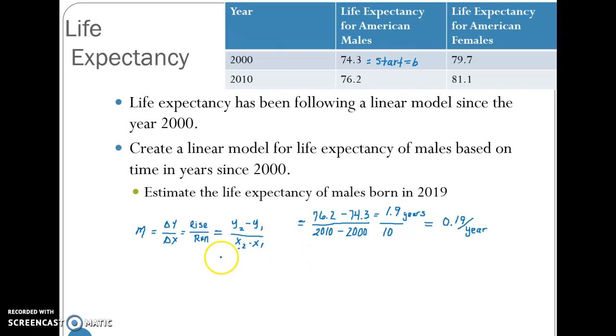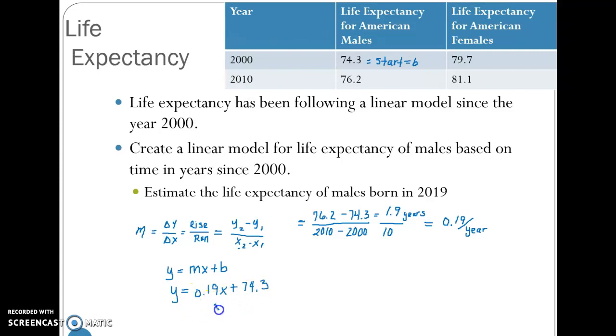So this allows me to write my model. Y equals mx plus b. And instead of m, I'm going to put in the rate of change or slope that I found of 0.19 years. And then I have to put my starting, and we started in the year 2000 with a life expectancy of 74.3 years.